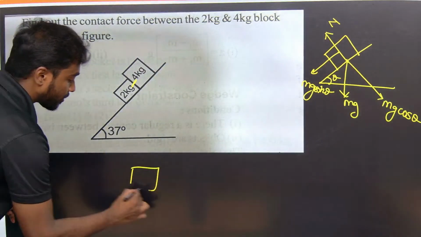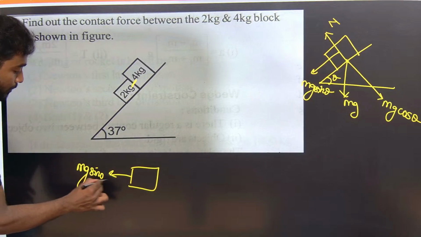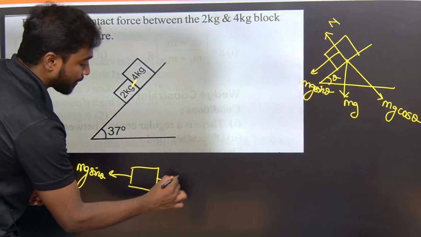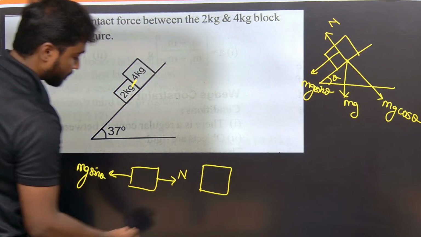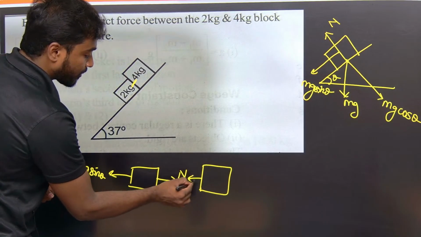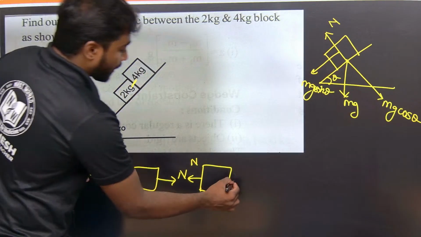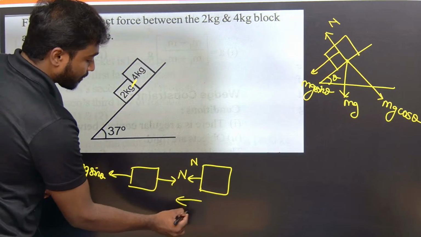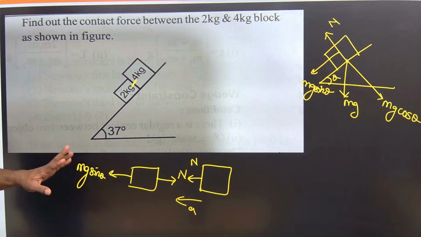So this is mg sin theta, this is my normal force, and here also one normal force is there, N, and acceleration is in this direction, the block is going down.